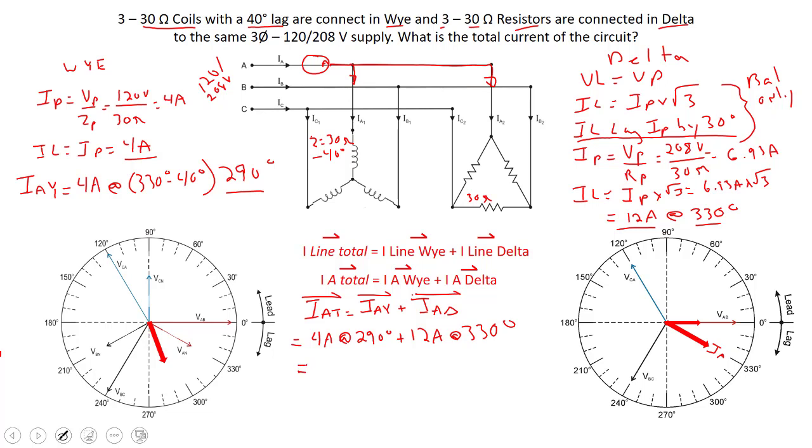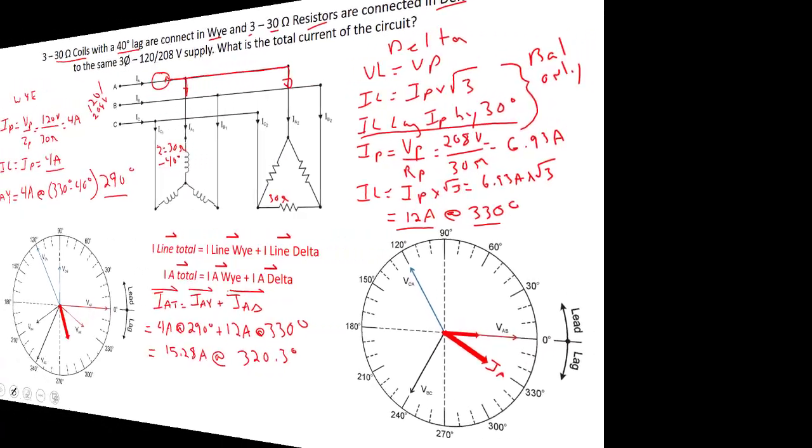When I add this up, it should come out to about 15.28 amps, and it's going to be at negative 39.7 degrees, which would be about 320.3 degrees. Remember, when your calculator gives you a negative value, you have to subtract that from 360. Hopefully this helps, and we're going to see you on the next video.